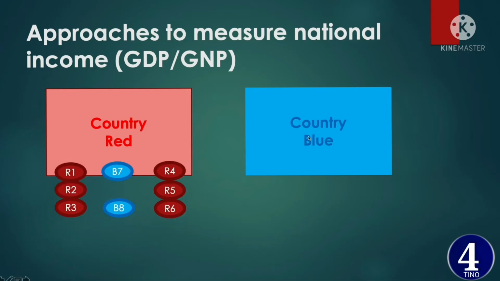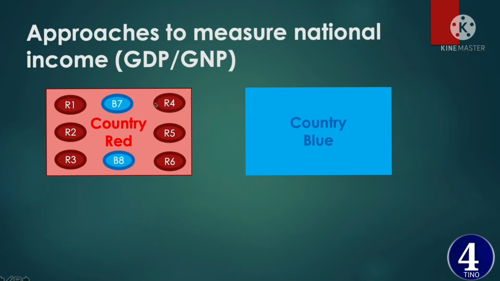Country red has citizens R1, R2, R3, R4, R5, and R6, and foreigners working in country red coming from country blue, B7 and B8. B7 and B8 are citizens of country blue, but they are now in country red in order to work.